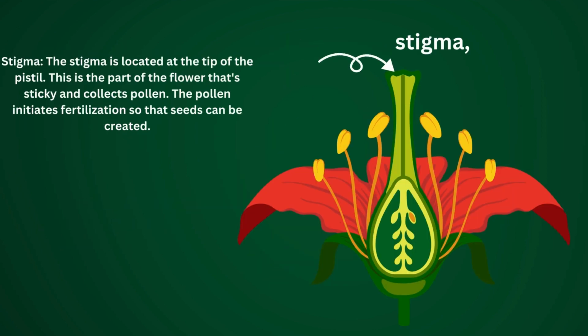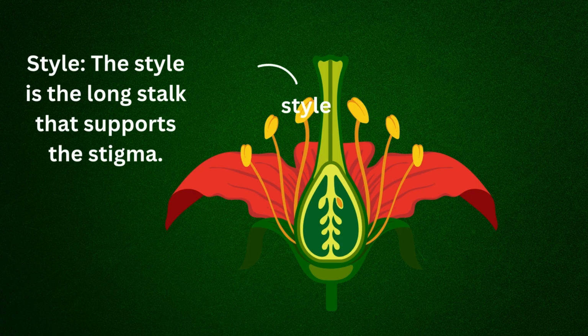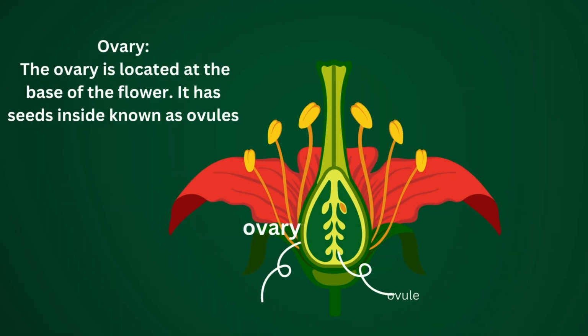Stigma is located at the tip of the pistil. This is the part of the flower that is sticky and collects pollen. The style is the long stalk that supports the stigma. Ovary is located at the base of the flower. It has seeds inside known as ovules.